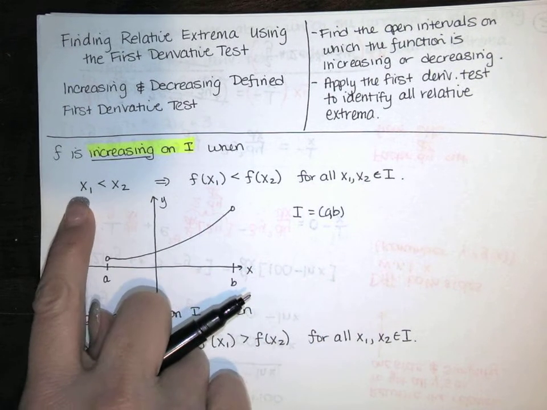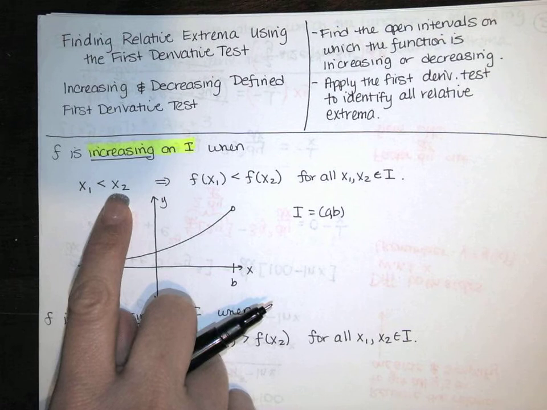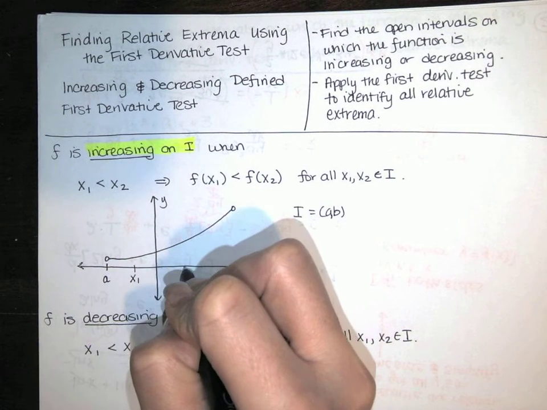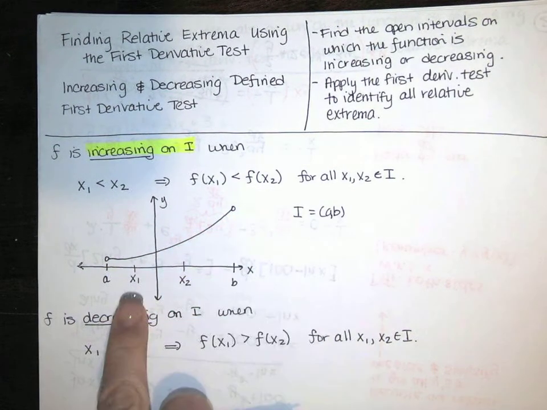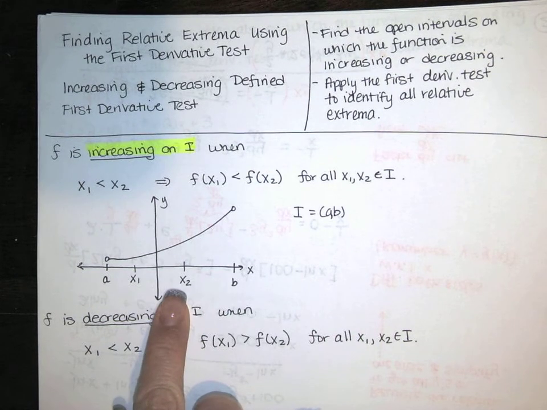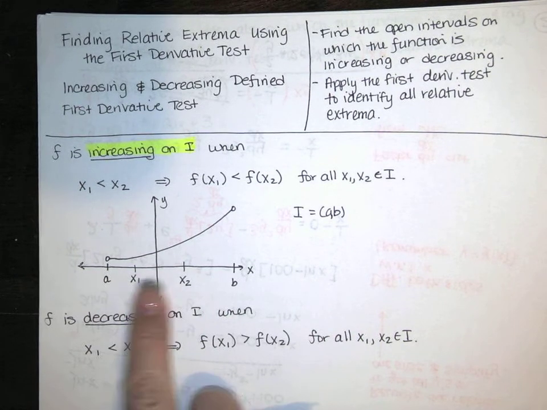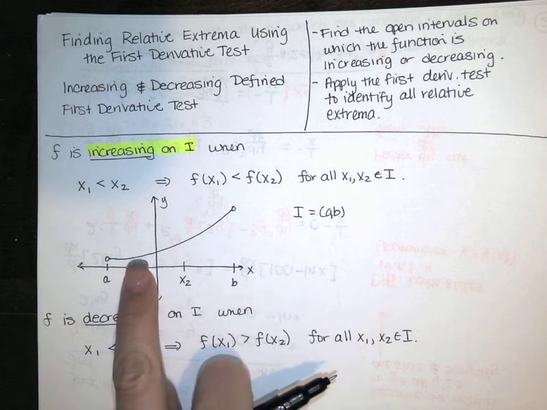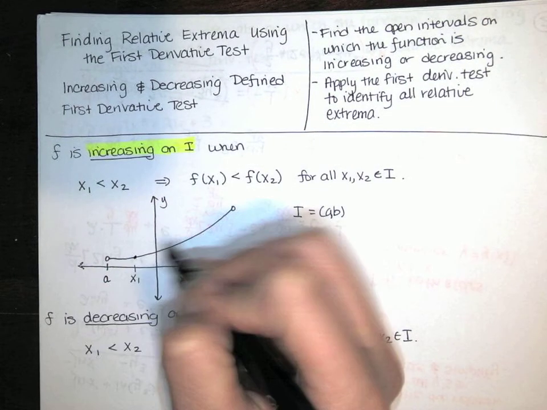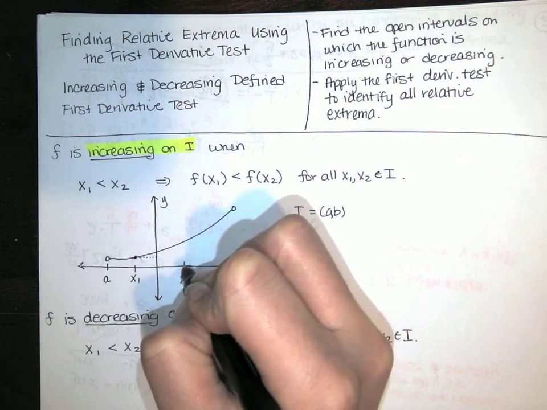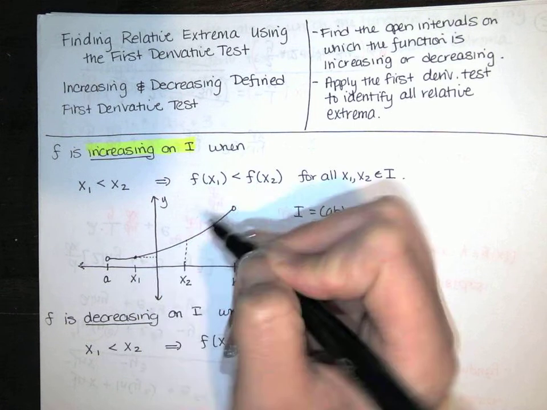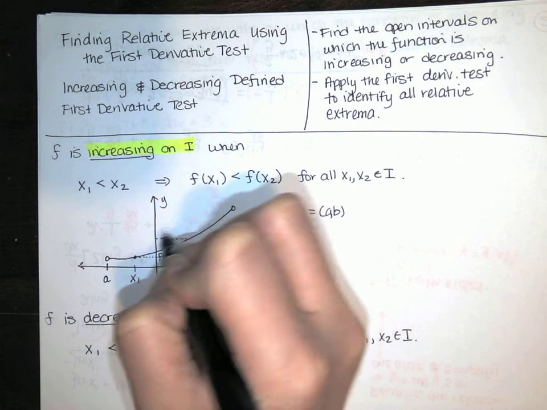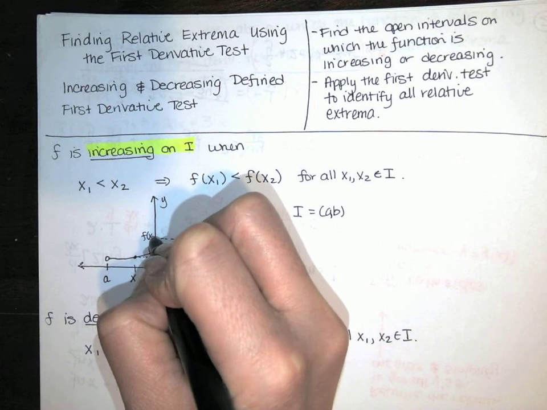So if x1 is less than x2, so x1 and x2 are just a couple of numbers on the interval from a to b, but x1 is to the left of x2, well, that implies that the y value at x1 is smaller than the y value that corresponds to x2. So there's f of x1, and there's f of x2.